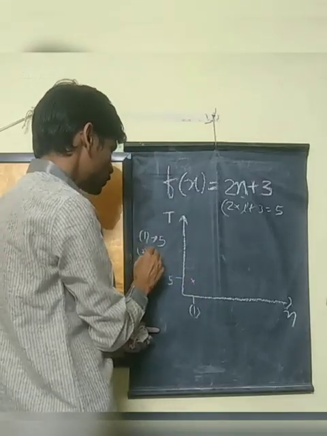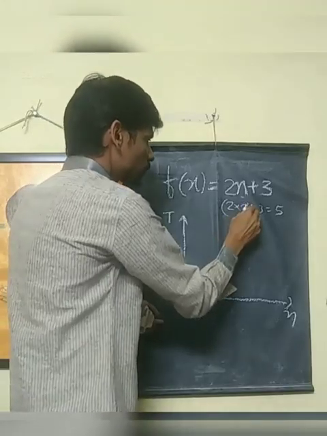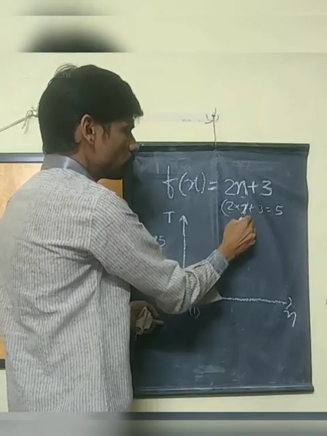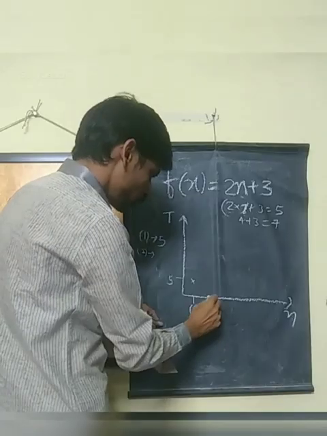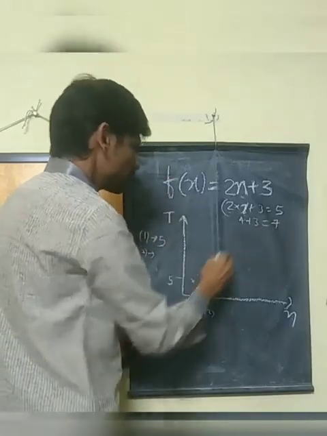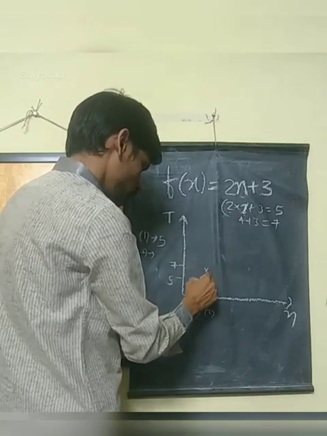Now I will pass 2 to this function. 2 multiplied by 2 is 4, plus 3 equals 7. So for 2, the time I am taking is 7. Let's imagine this is my mark.